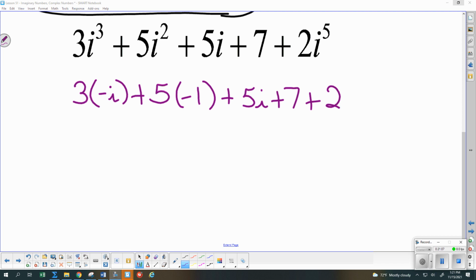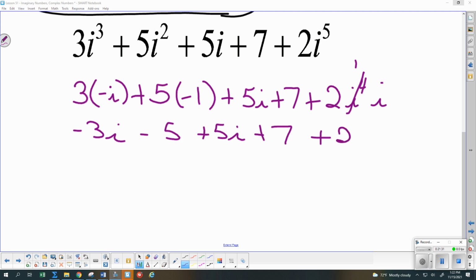And then i to the 5th, I'm going to factor out the biggest power of 4 that I can for that exponent. So that's going to be i to the 4th times an i. And everybody, what's i to the 4th? So that's just a 1 right there. So what do I have? Minus 3i, minus 5, plus 5i, plus 7, plus 2i.